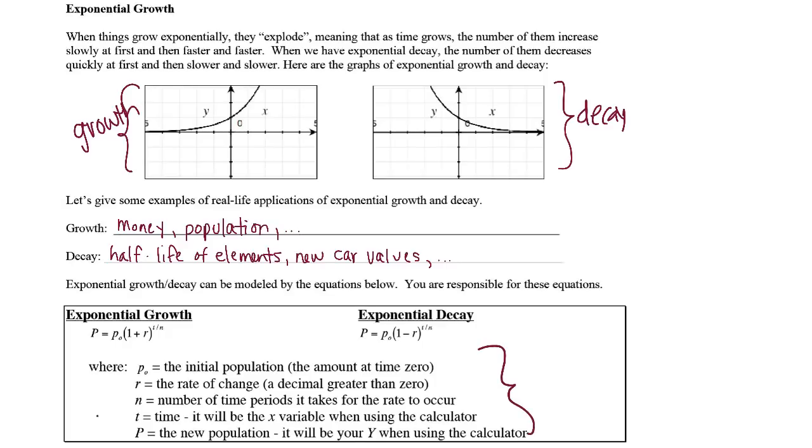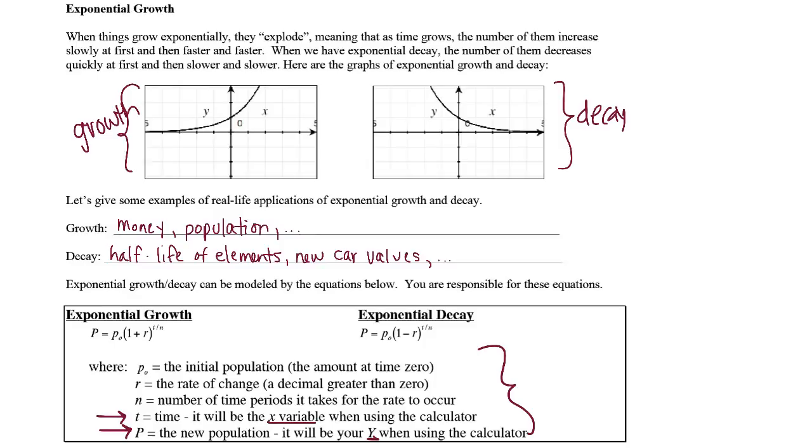And especially down here for time, time will be the x variable. When we graph some of these and we're looking in our calculator for particular values, t will be your x variable. And your new population, new growth, new decay, all of that is going to be your y variable in the calculators. So very important for you to remember that.